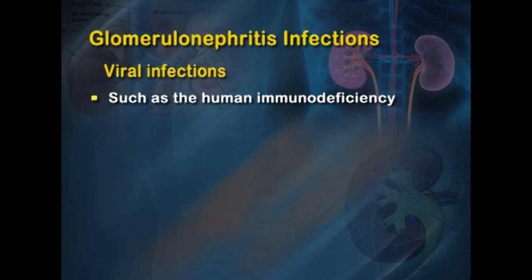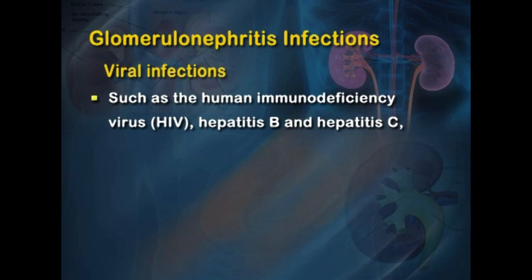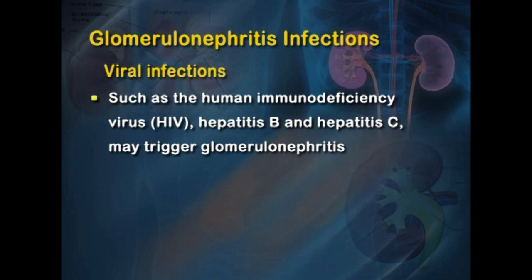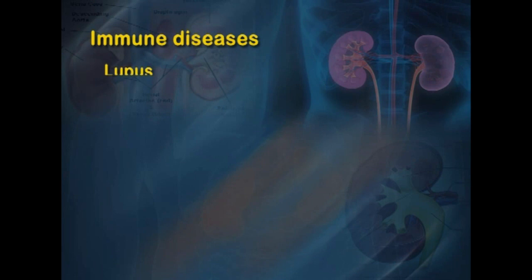It can also precipitate after a viral infection, and some of the common viral infections are HIV, hepatitis B, hepatitis C, which trigger glomerulonephritis.